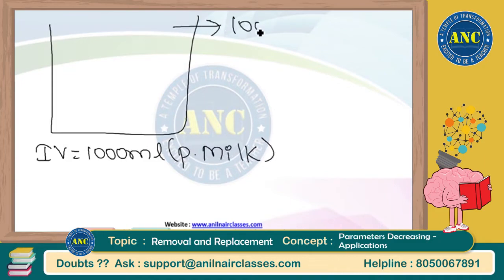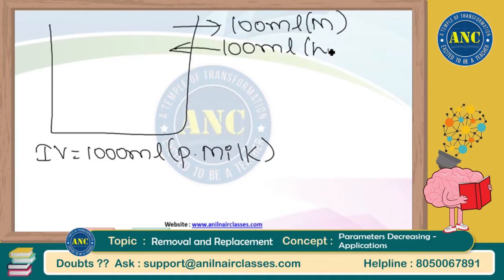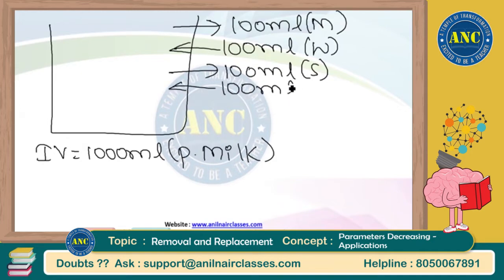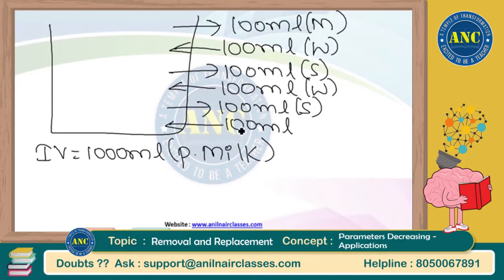I am taking out 100 ml of milk and adding 100 ml of water, which you already know. Now it became a solution. I will take out 100 ml of solution and again add 100 ml of water. Next, once again I will take out 100 ml of solution and add 100 ml of water. Now your question is to find the final volume of milk and water.